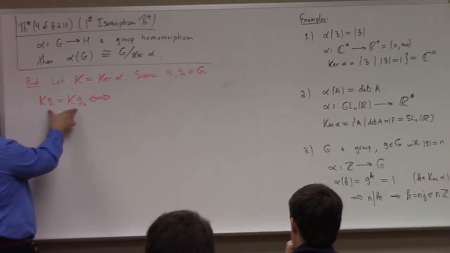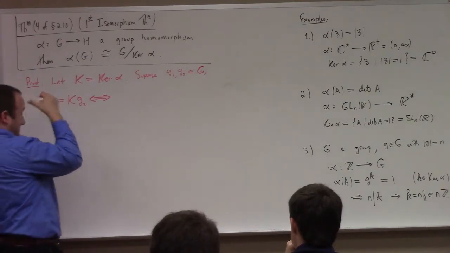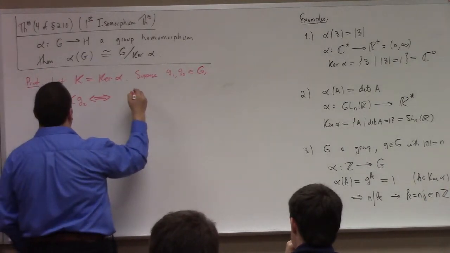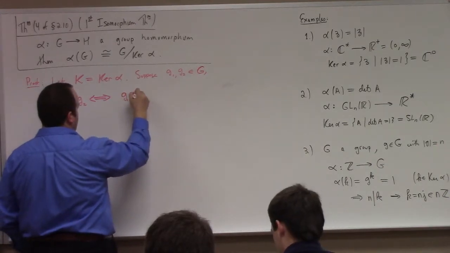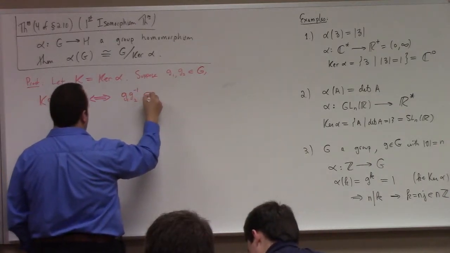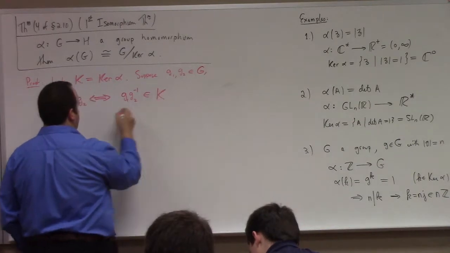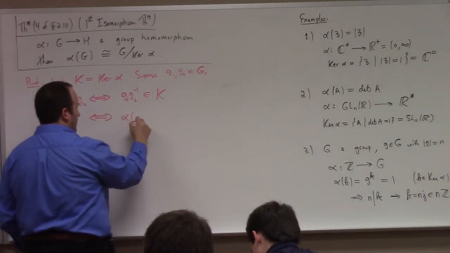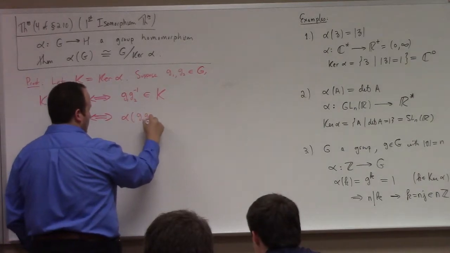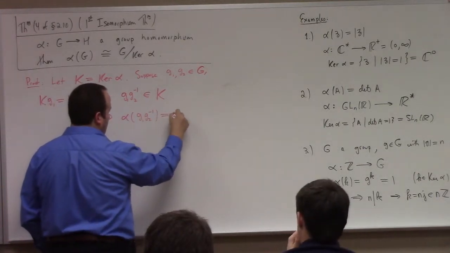So anyway, Kg1 equal to Kg2. This is equivalent to what? You just told me, g1 g2 inverse being an element of K. Which is equivalent to saying that alpha of g1 g2 inverse is equal to 1.